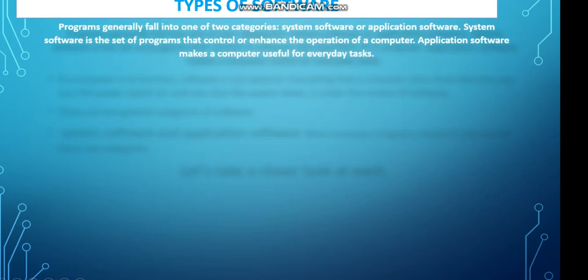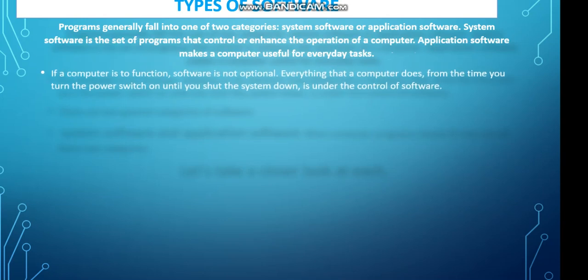And then, what are the types of software? Software programs generally fall into one of two categories: system software or application software. System software is the set of programs that control or enhance the operation of a computer, while application software makes a computer useful for everyday tasks.